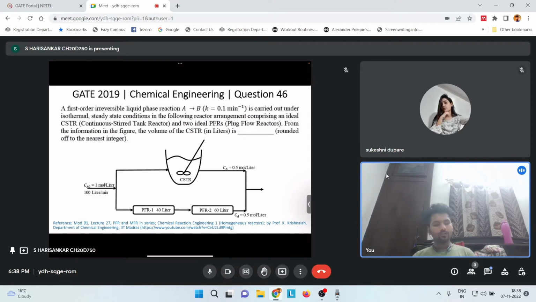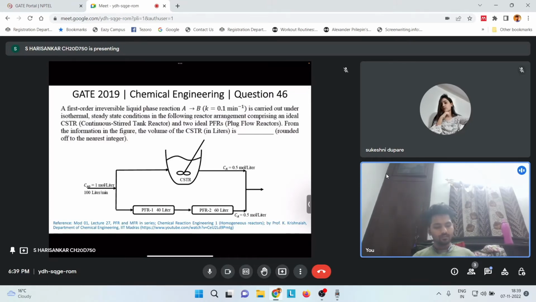A first order irreversible liquid phase reaction A gives B with reaction rate constant k equal to 0.1 minute inverse is carried out under isothermal steady state conditions in the following reactor arrangement comprising an ideal continuous stirred tank reactor and two ideal plug flow reactors. From the information in the figure, the volume of CSTR in liters is dash rounded off to the nearest integer.